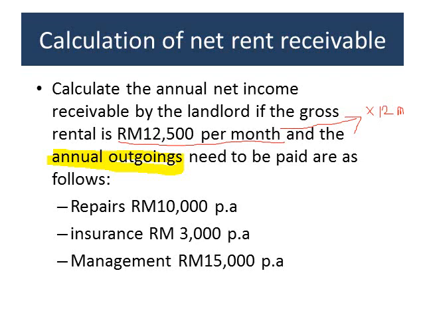For this situation, the gross rental given is 12,500 per month, so you need to times it by 12, and the annual outgoings are 10,000 for repairs, insurance 3,000, and management about 15,000.